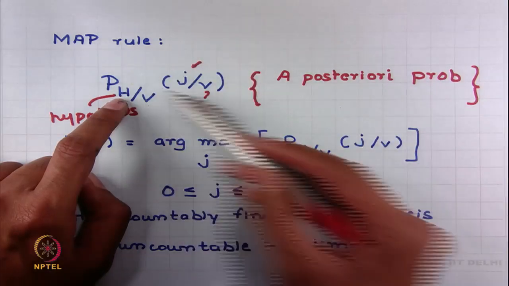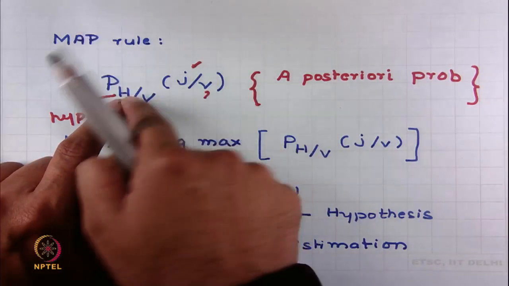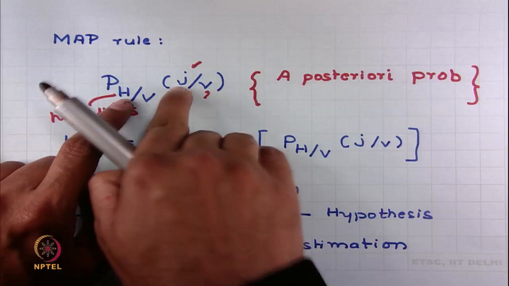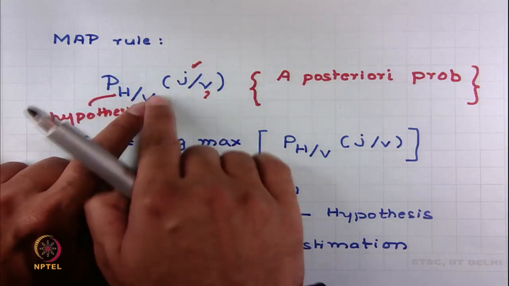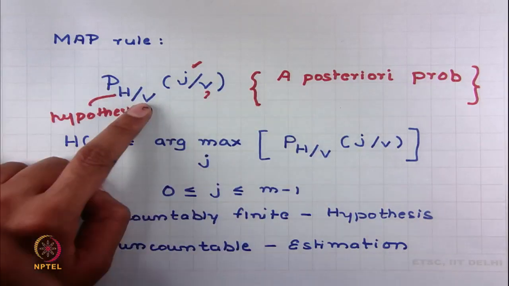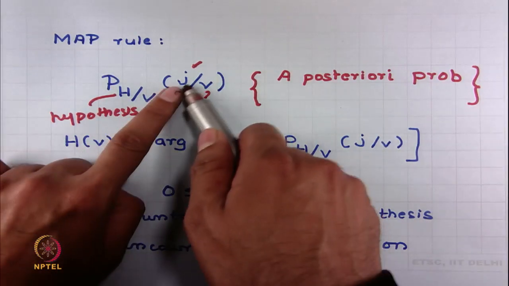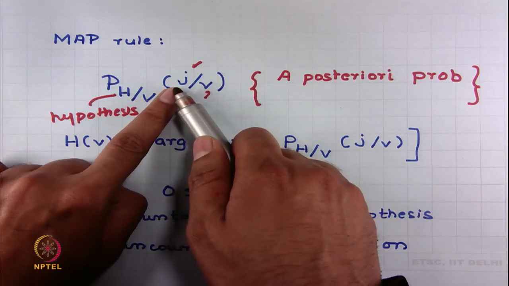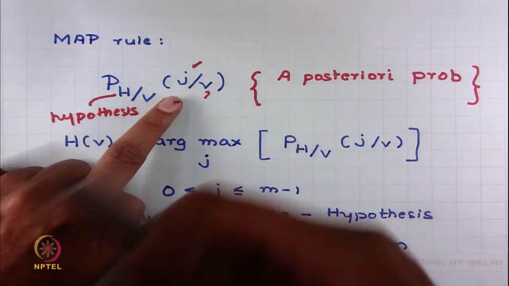So, what we are finding out here is the probability of a hypothesis J, given that this random variable V has taken a numerical value small v. That means we are trying to find the probability of a hypothesis based on an observation.